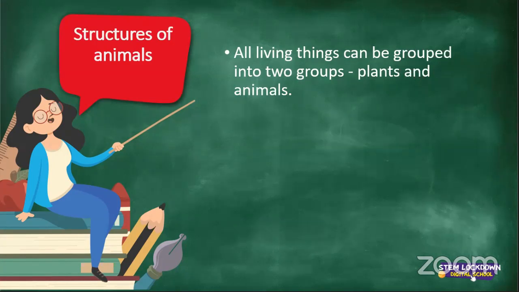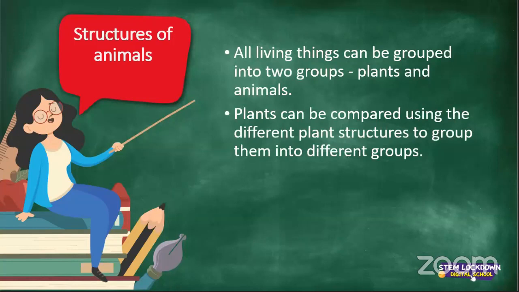All living things can be grouped into two groups, either plants or animals. You remember yesterday we compared some plants, and they can be compared using different plant structures to group them into different groups, right?